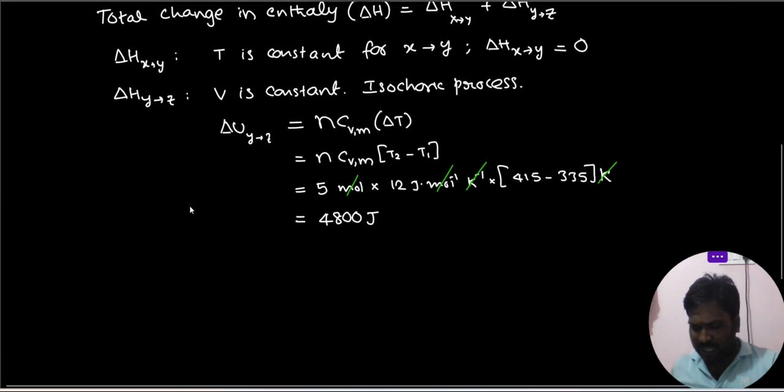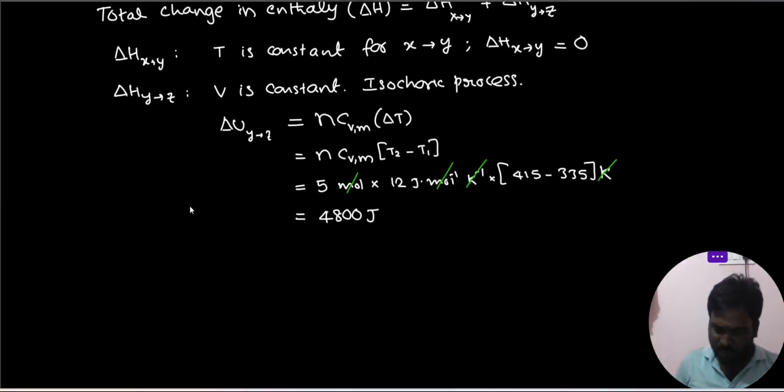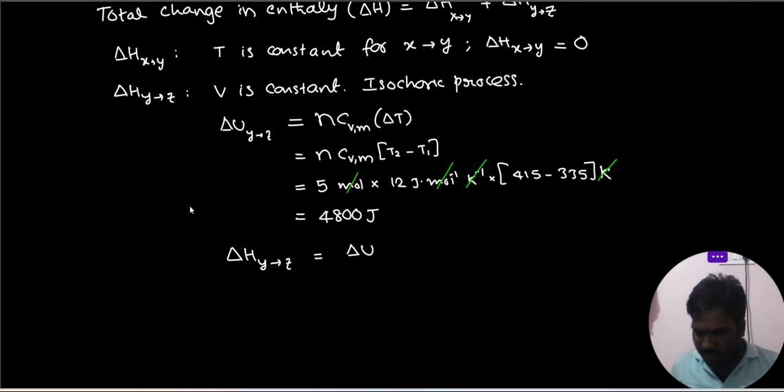Now we need to calculate the delta H value. The formula: delta H for Y to Z is equal to delta U plus delta PV.